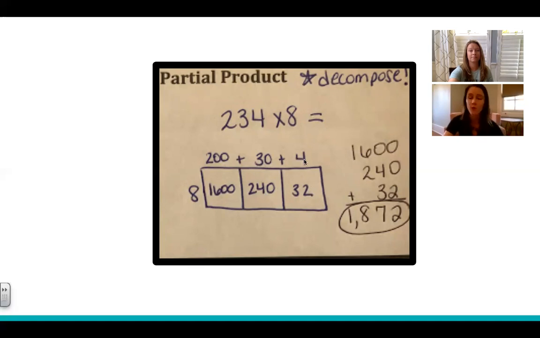And then 8 times 4, easy, you should know it in your head, 32. So then you have your 3 partial products within your box. Then you need to stack and add them neatly like we've done on the side, lining them up based off of their place value so you add them correctly. When you add all 3 partial products up, your total product of 234 times 8 is 1,872.